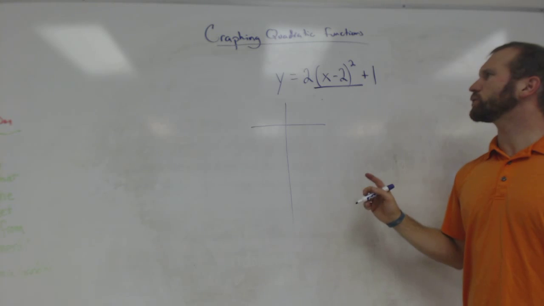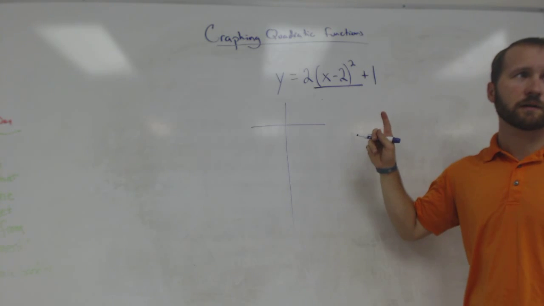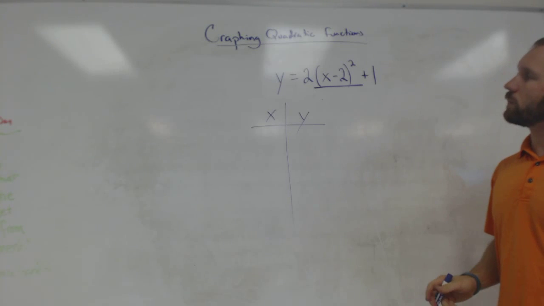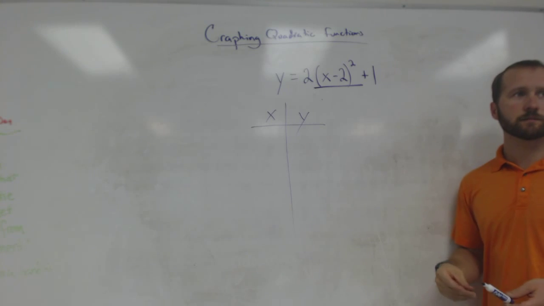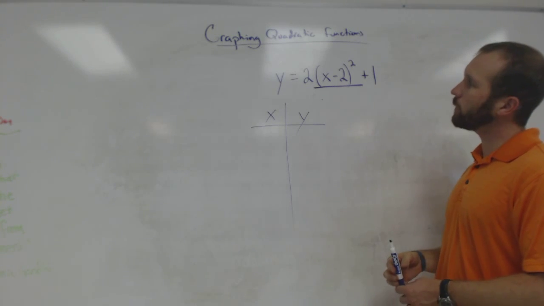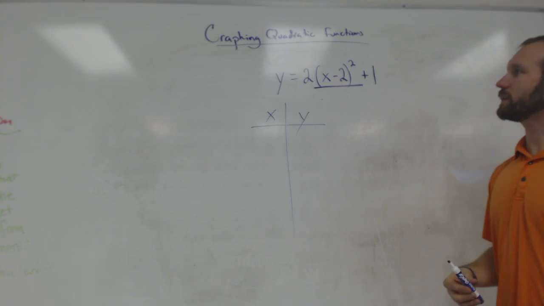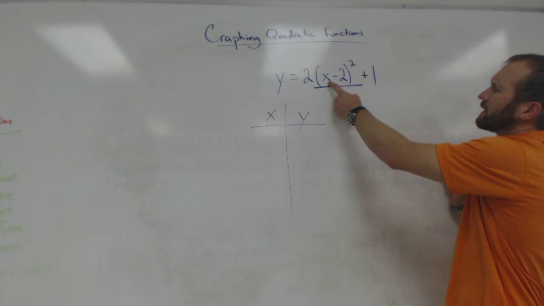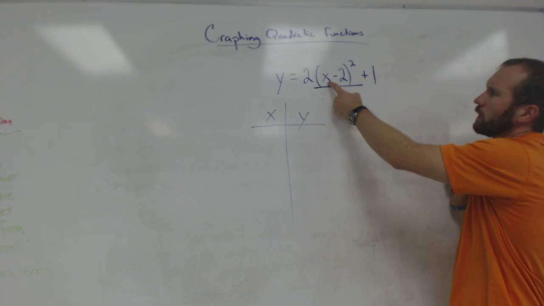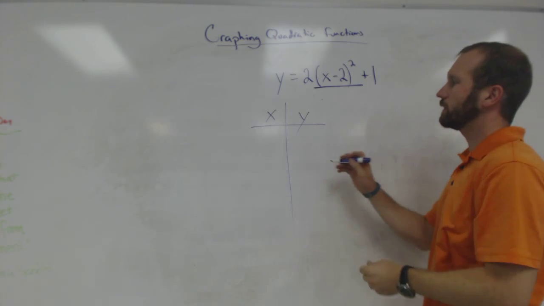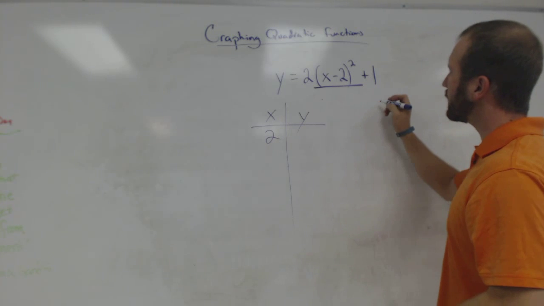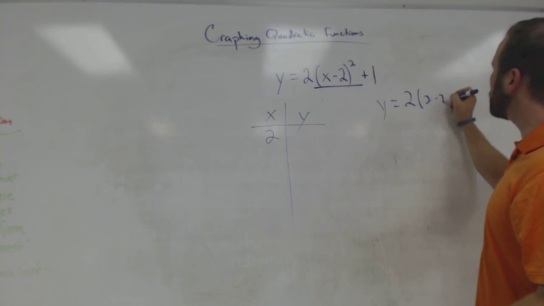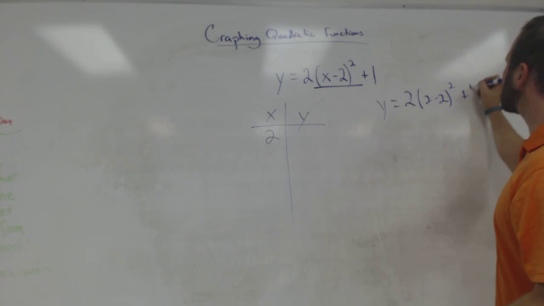If you were going to use a t-chart to graph this, what would be a good choice for x in this t-chart? 0 would be an okay choice. 1 would be an okay choice. 2. Yeah, why would 2 be an awesome choice? Look at this. If I made 2 my x, when I plug that in to find y, I have 2 times (2 minus 2) squared plus 1.